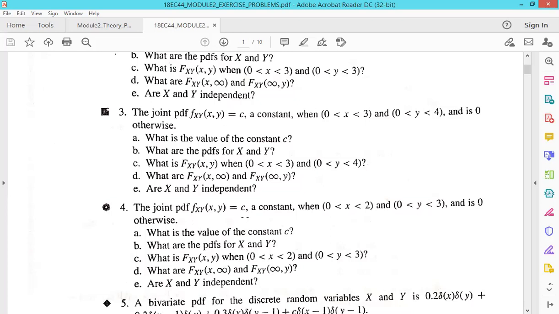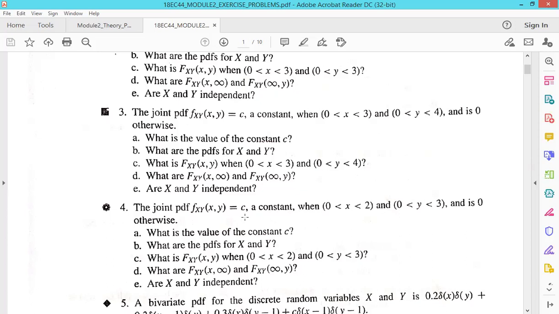I will also solve. So here the PDF fxy of x comma y is equal to c, that is a constant, and it says that x and y lie between 0 to 3 and 0 to 4, and for other values of x and y, it takes the value 0. So given this PDF, in the first part, we are asked to calculate the value of constant c, and next the marginal PDFs are asked.